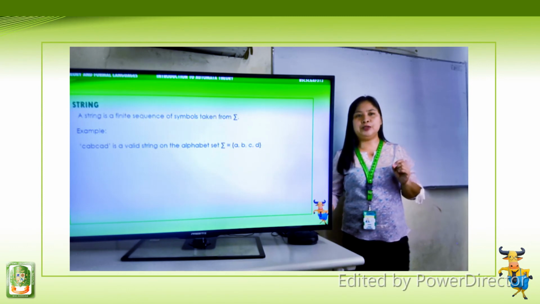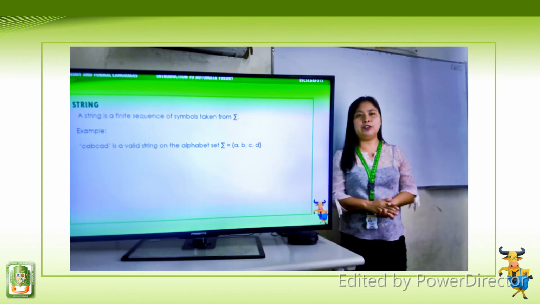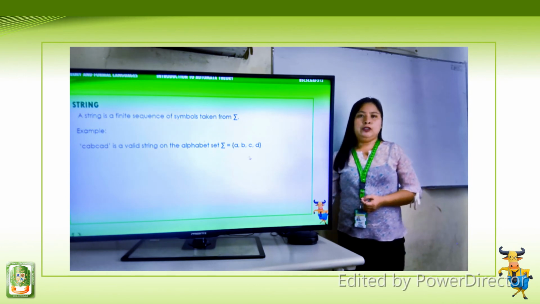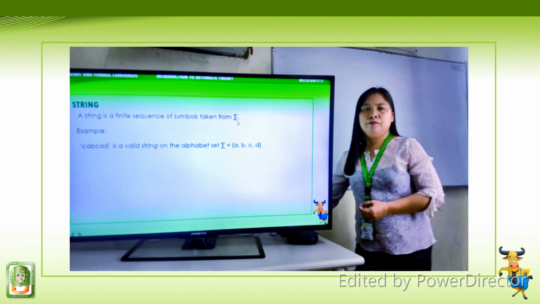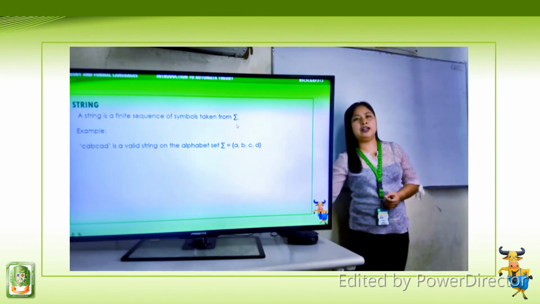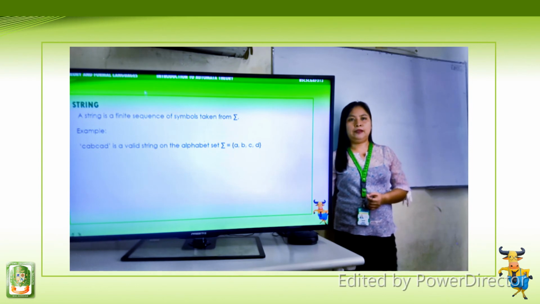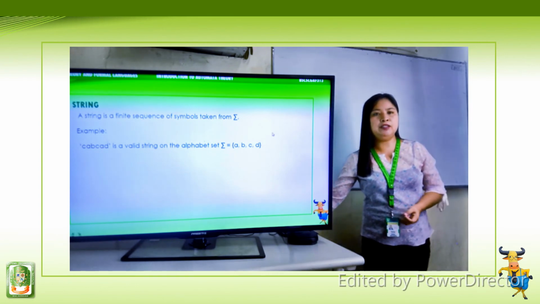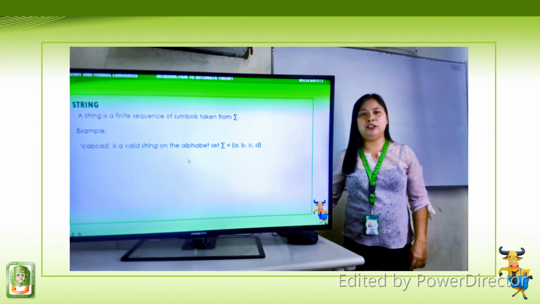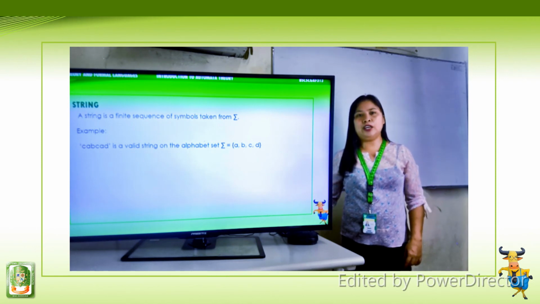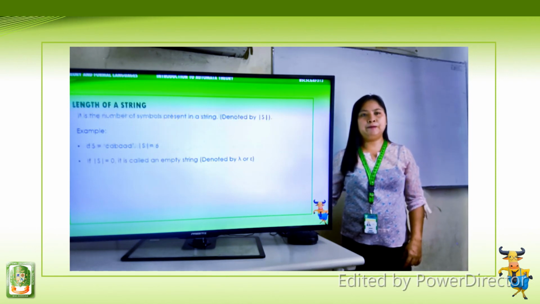A string is a finite sequence of symbols taken from the alphabet. This summation symbol represents an alphabet. Okay? For example, CAB is a valid string on the alphabet set, which consists of the symbols A, B, C, and D.